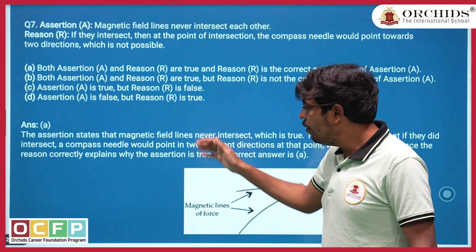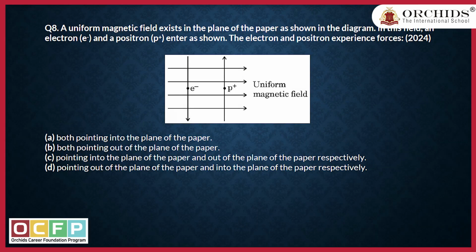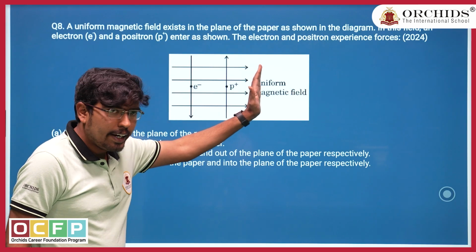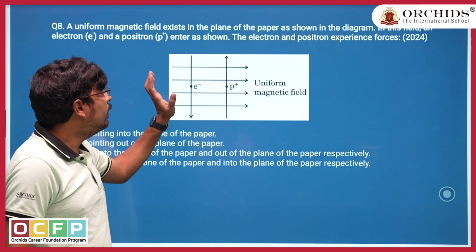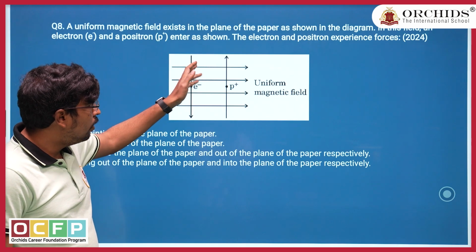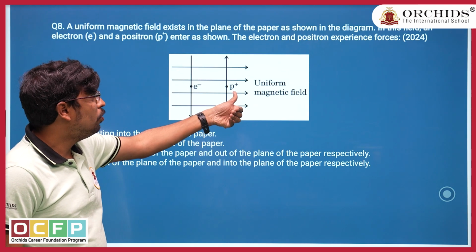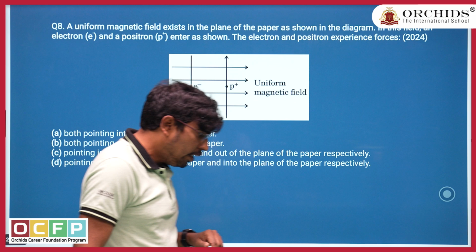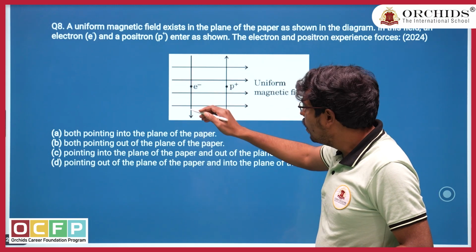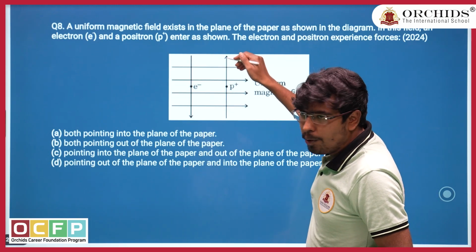Okay. Now we will go to the next question. Question number 8 is, they have given here a uniform magnetic field in one direction. You can observe here, and they indicated two particles, one electron and one positron. We know that the electron is moving in the downward direction in the diagram, and the positron is moving in the upward direction.